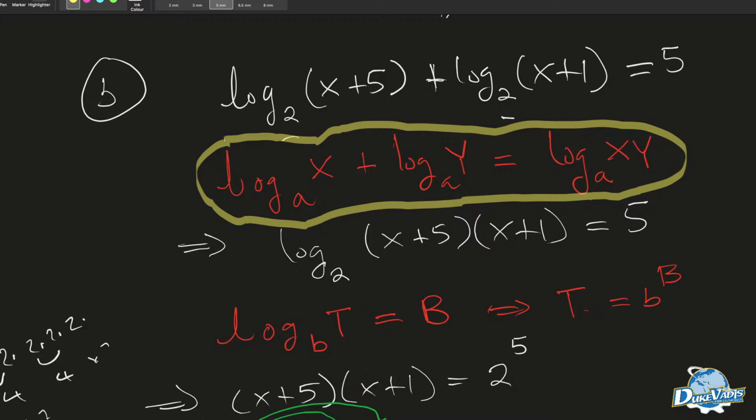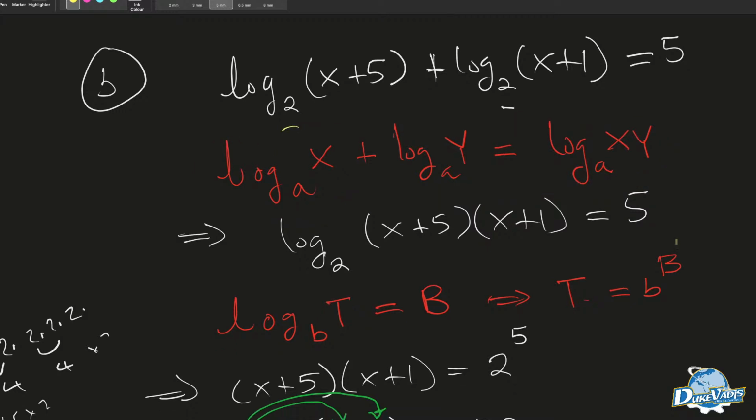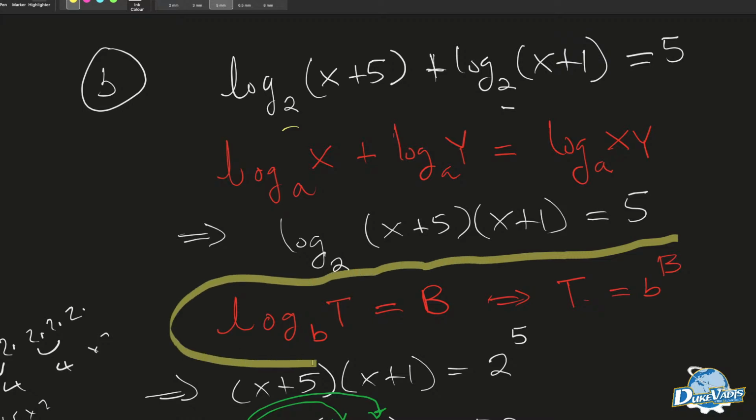If you look at the right hand side, log to the base x plus log to the base y is similar to the equation given. So our concentration lied on the part of log to the base 2 of xy. So that is why instead of that, we say log to the base 2 of x plus 5 multiplying x plus 1 is equal to 5. After that, we also apply one more principle that we see all the time when we're doing logarithm.